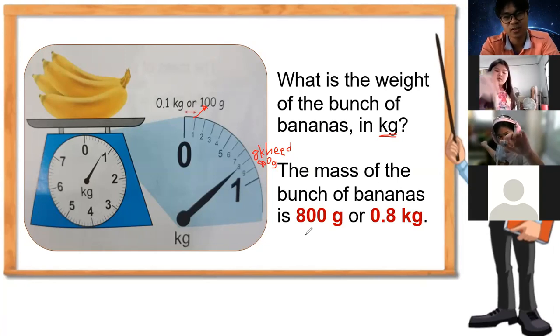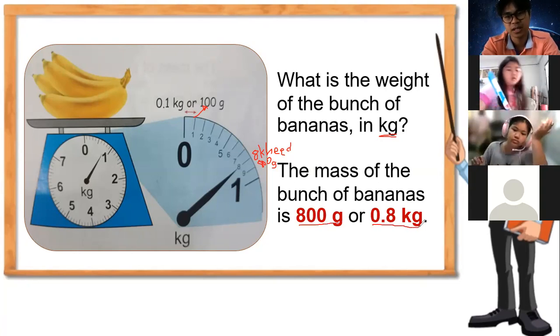So the weight or the mass of the bunch of bananas is 800 grams or 0.8 kilograms.